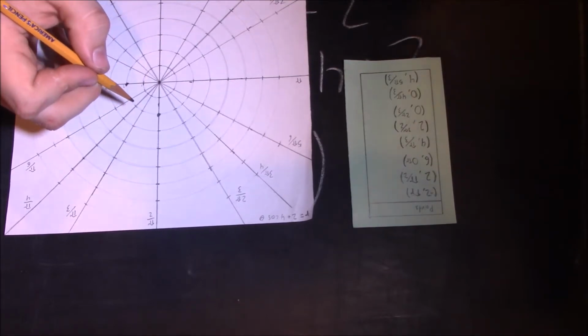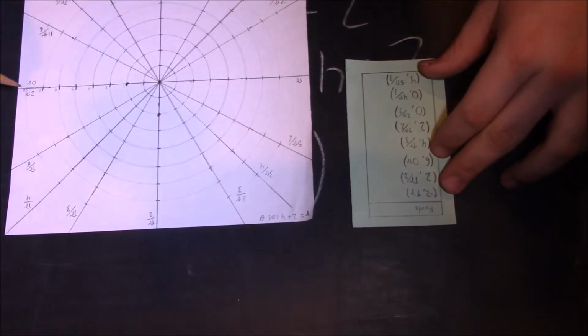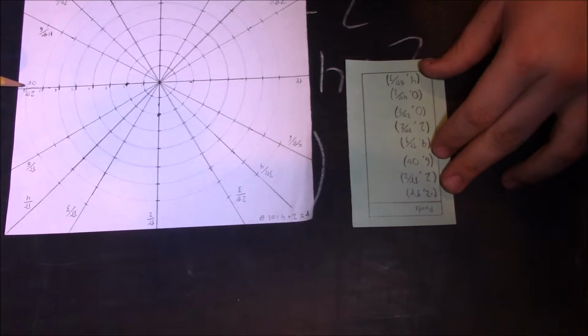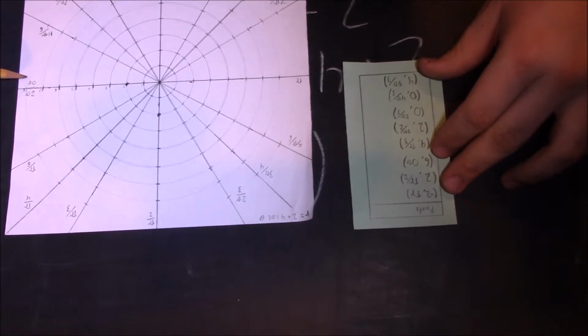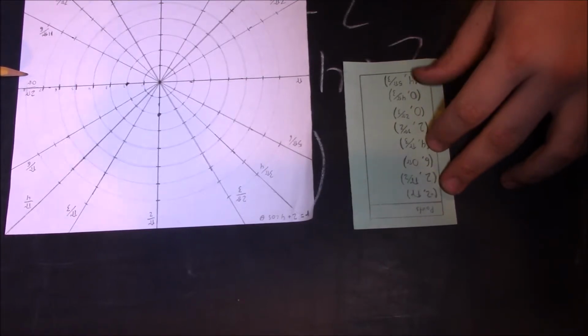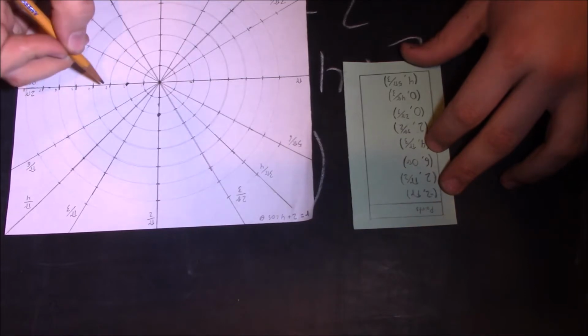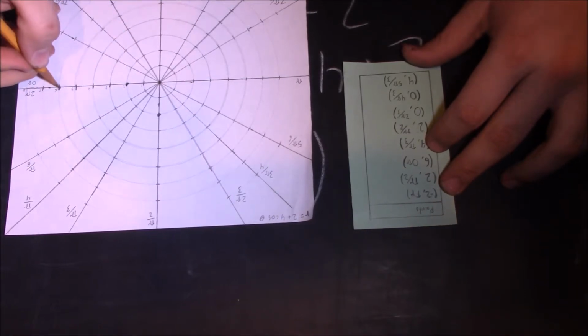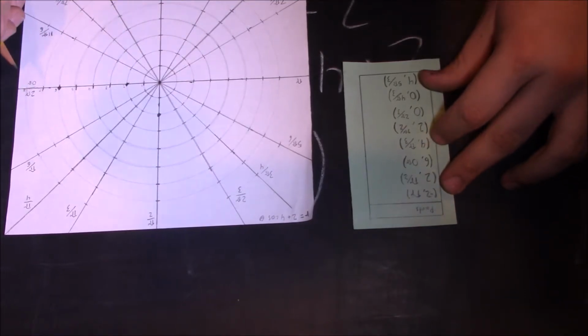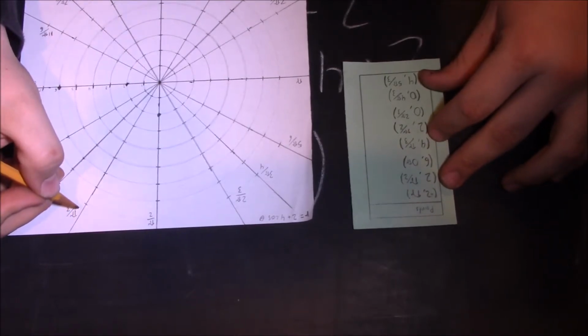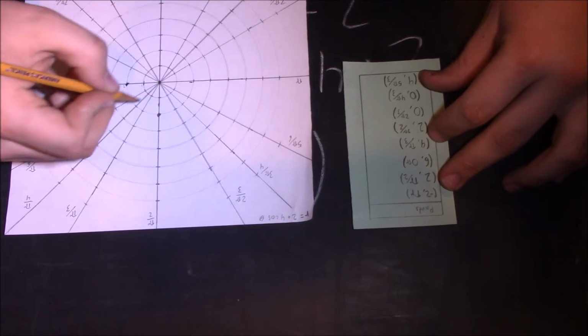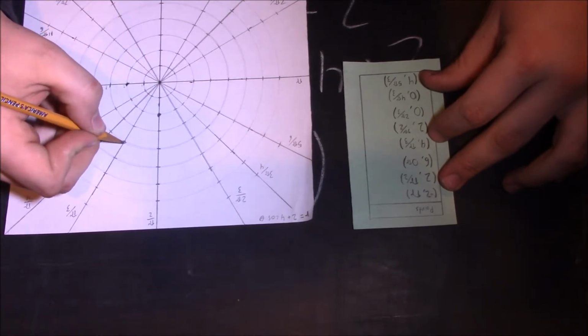And at 0 pi or 2 pi, which is here, we have 6, so it's going to be 1, 2, 3, 4, 5, 6, right there. And then at pi over 3, which is here, it's going to be 4. 1, 2, 3, 4.